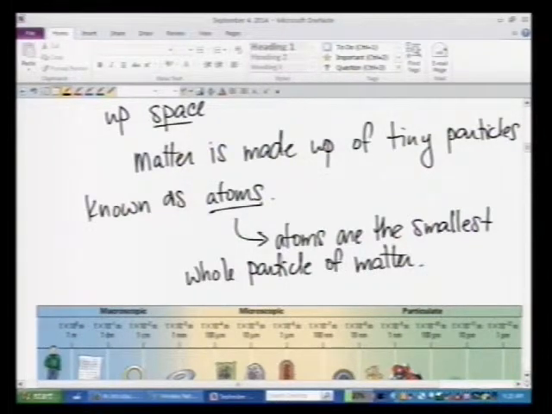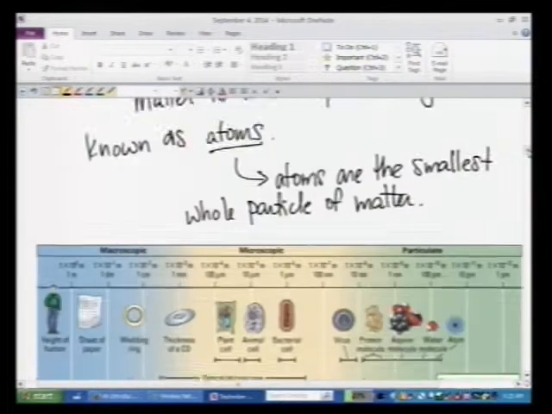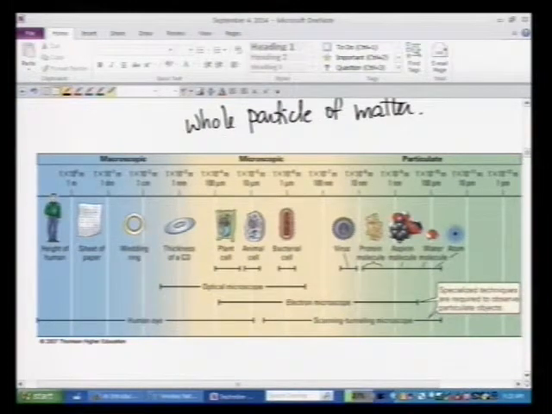Okay, so as chemists, we're going to talk a lot about atoms. Just to give you a picture idea, here we have macroscopic, so things that are visible, things that you can see.